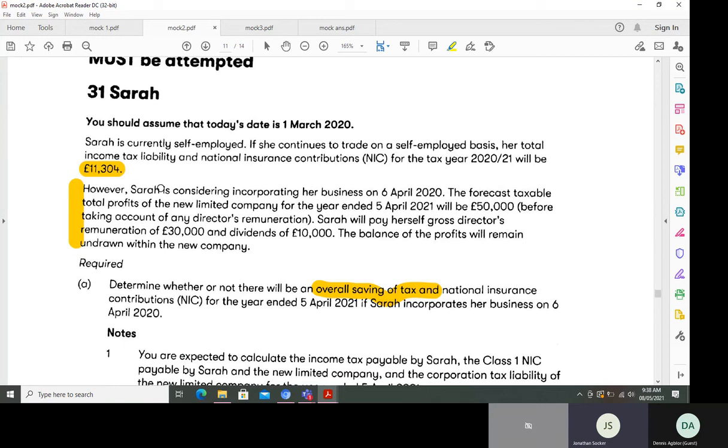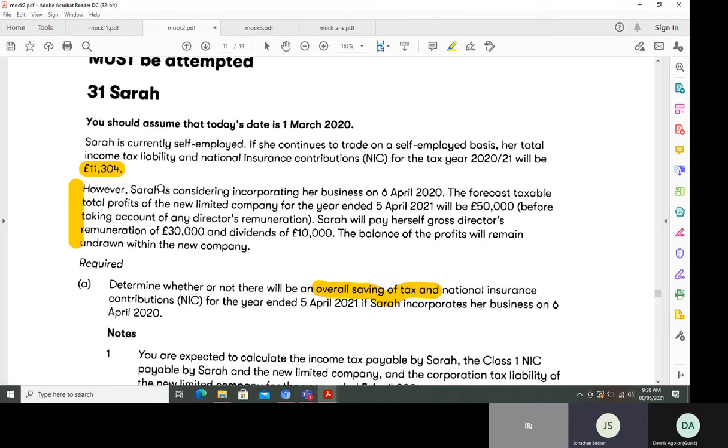So Sarah, as an employee, will pay normal income tax and will pay the relevant NICs. Now the company, which is the new company you form, will pay some NIC on behalf of Sarah. The company will also pay corporate tax. So those are the issues we have to look at.